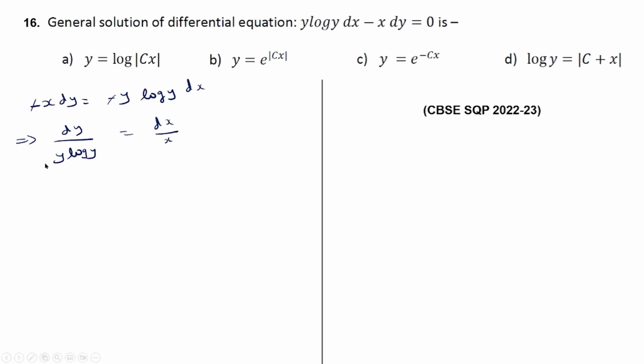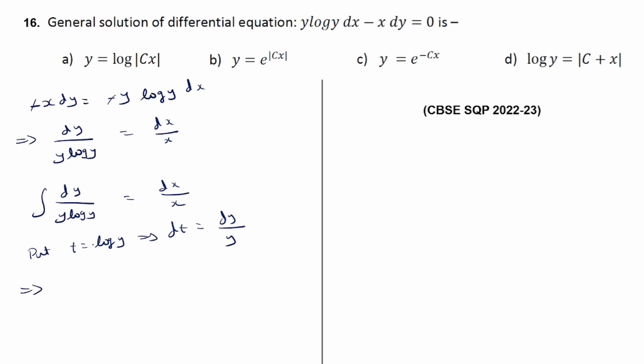So for this part alone we can do integration by substitution. Let us integrate both sides. From this we get integral dy by y log y equal to integral dx by x. Put t equal to log y, dt will be dy by y.